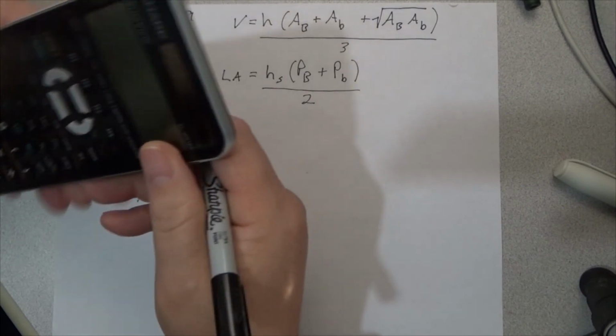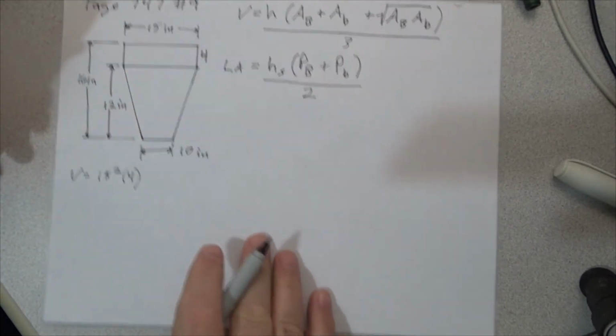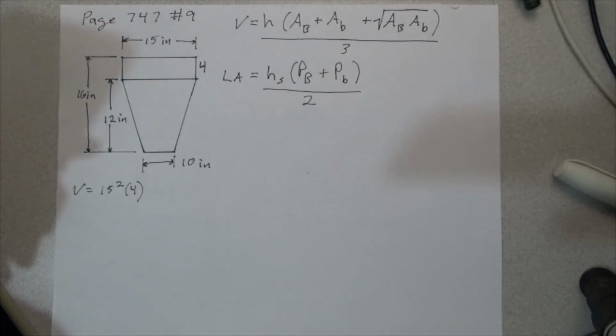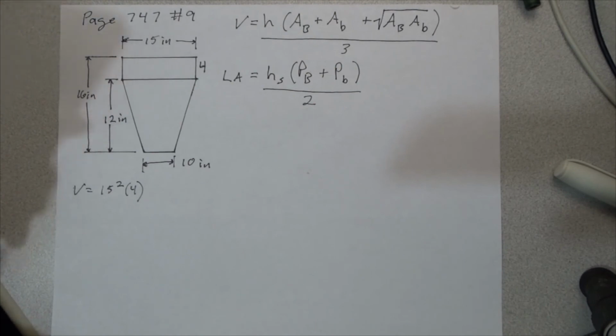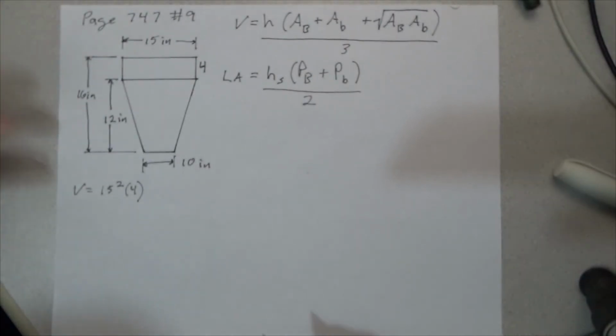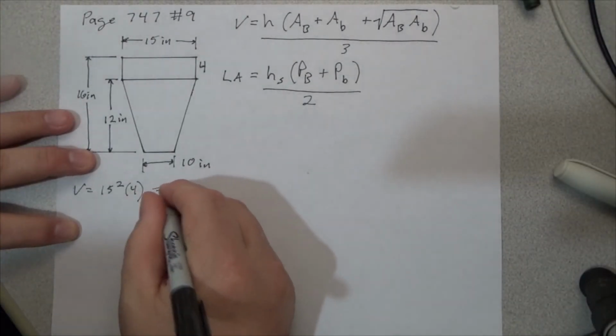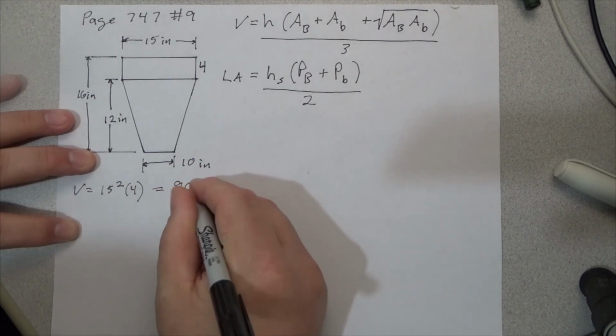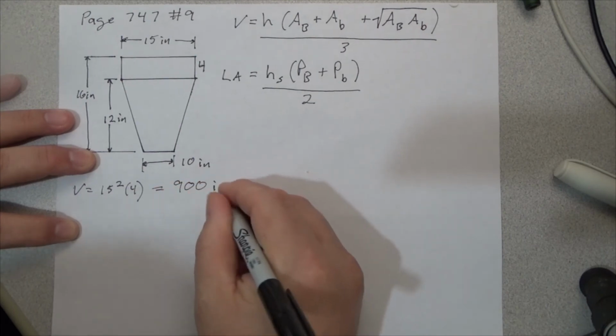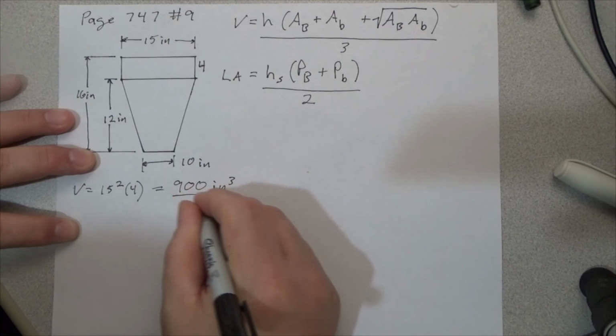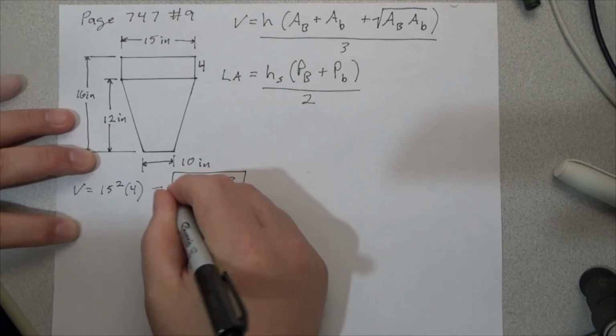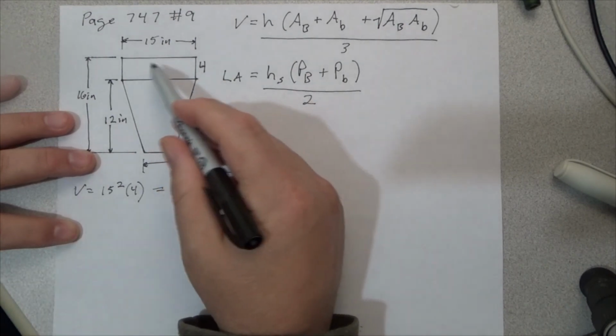So 15 squared times 4 is 900. So we have 900 inches cubed, and that is for the prism, this section right here.